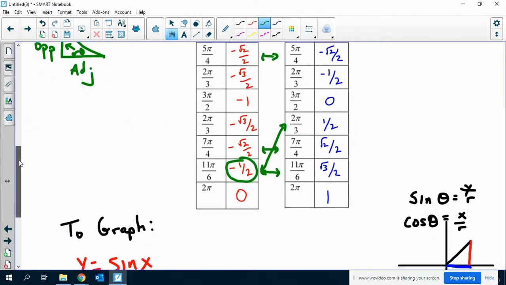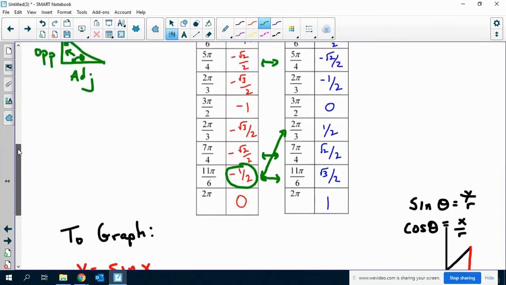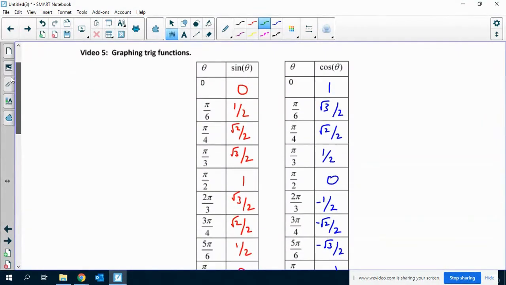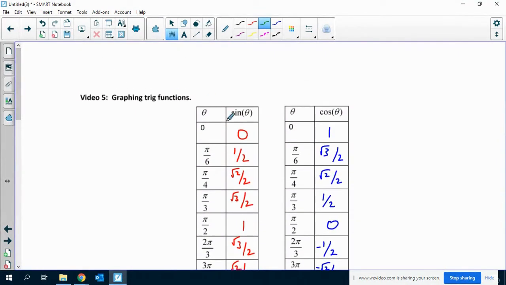But if we're looking at graphing these things, it's important to remember that if I'm graphing y equals sine of x, then theta becomes the x and sine of theta becomes the y. Because in y equals sine of x, the x is now the angle and the y now represents the ratio sine of x. Same thing if I'm doing y equals cosine of x.